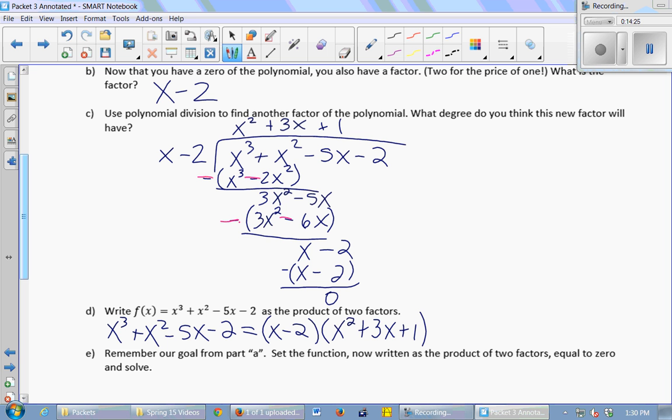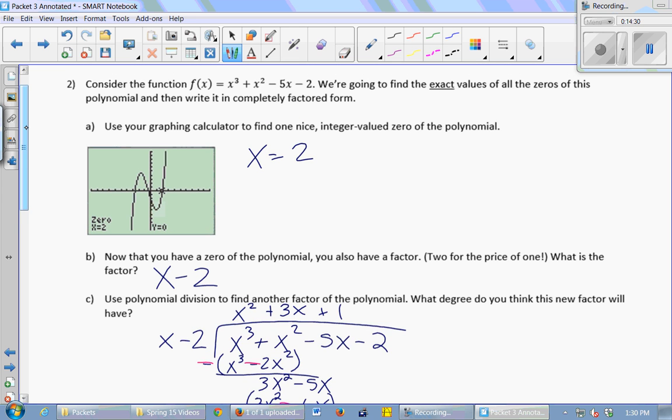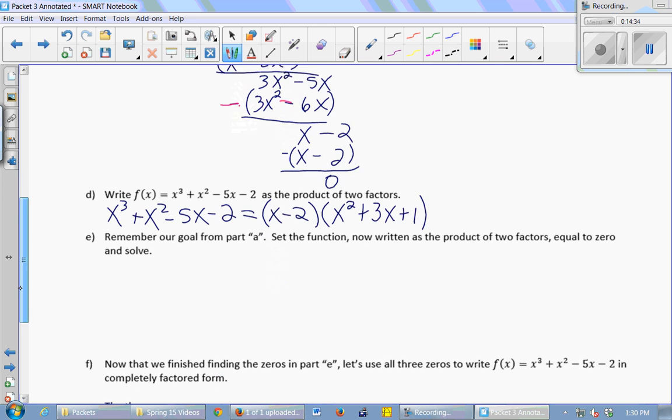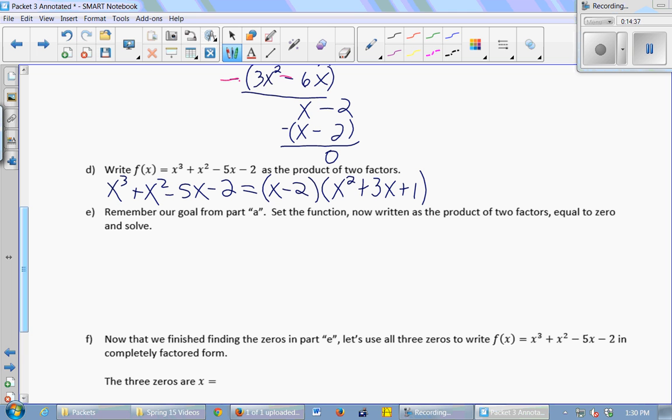So our goal from part A is to find all of the zeros and all of the linear factors. So I have found one linear factor, and this other factor that I just found, is that linear? No, what is it? Yeah, it's a quadratic polynomial.